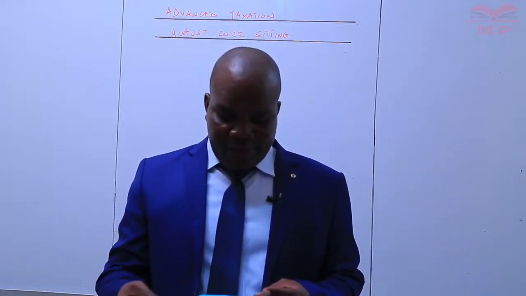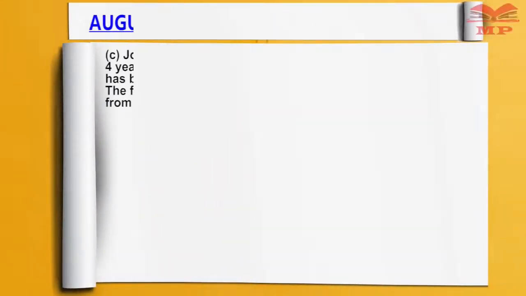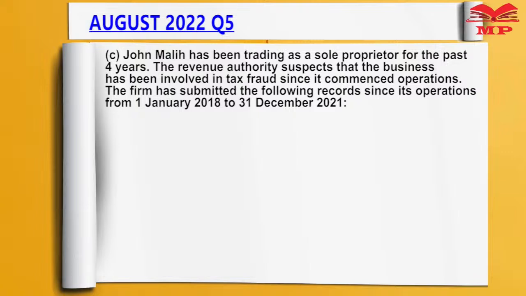I move to question 5C, which is now mathematical. It says, John Mali has been trading as a sole proprietor for the past 4 years.